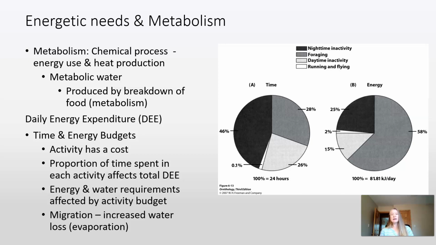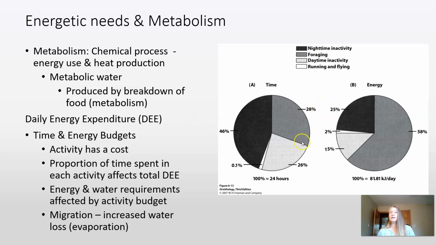Obviously, flying around to look for food is going to be more costly than sitting on a perch and waiting for food to come by. So the proportion of time that you spend in each activity affects your total daily energy expenditure, and your energy and water requirements are going to be affected by this activity budget.